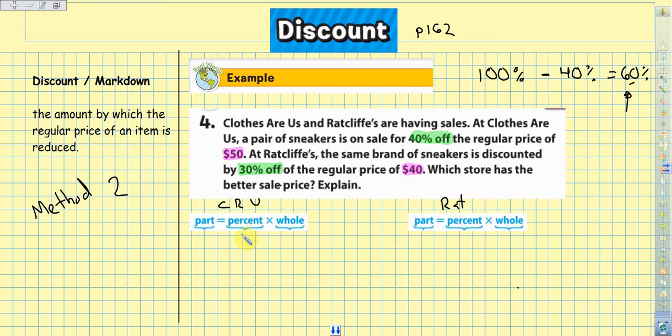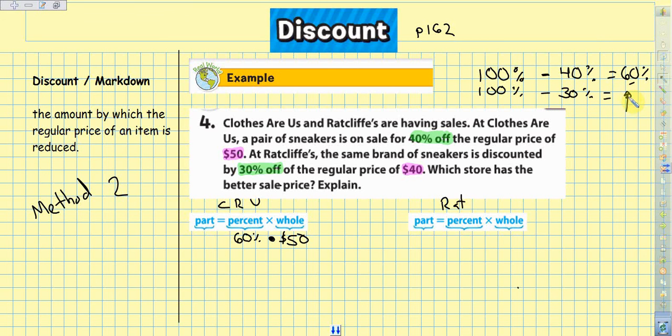So instead of finding 40% of 50, I'm going to find 60% of $50. And that saves me a step. I'm going to do the same for Ratcliffe's here. I'm going to find 30% off. Instead of doing that, I'm going to take my 100% and minus 30%. And some of you are going to be able to do this in your head.